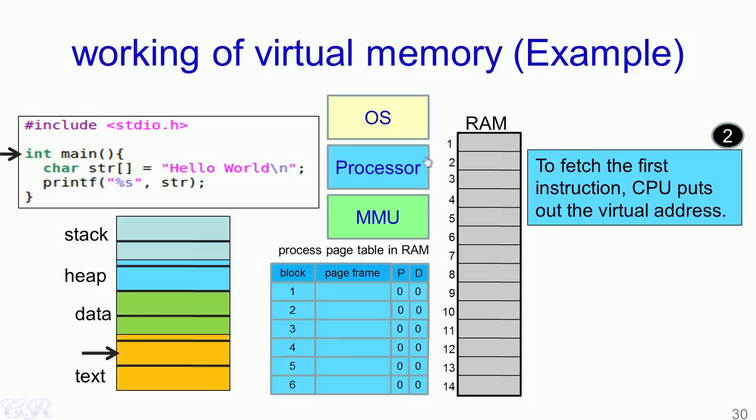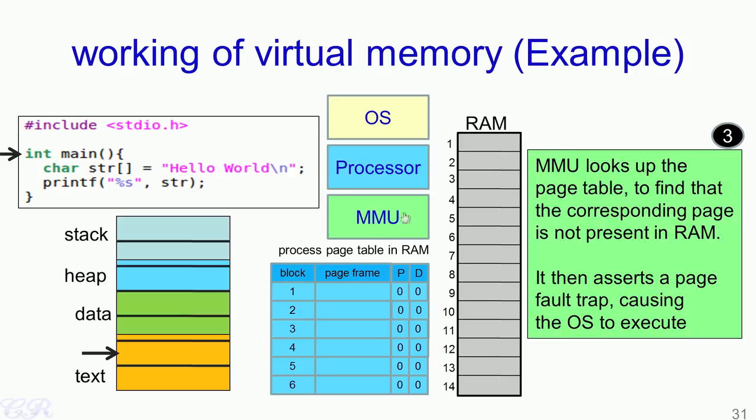This virtual address would be sent onto the bus, and is then intercepted by the memory management unit, and the MMU would look into the page table of the process and determine that the corresponding page or block is not present in the RAM.